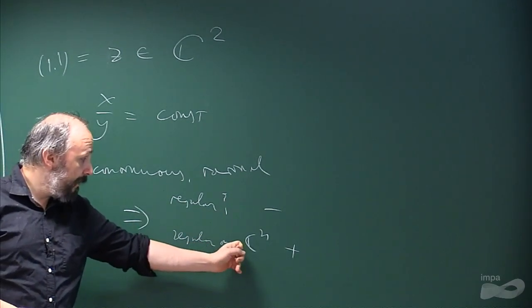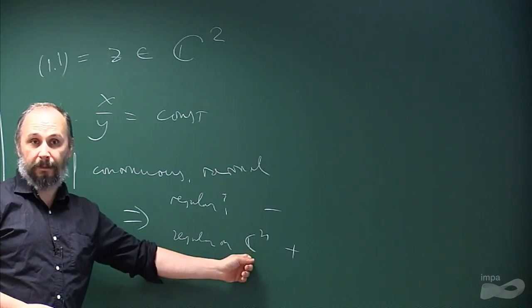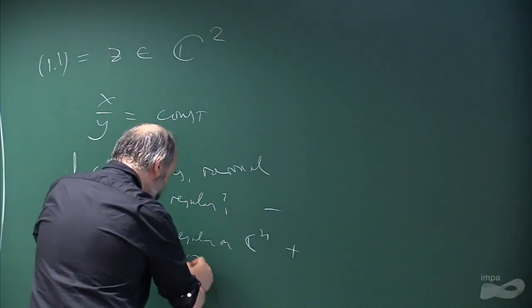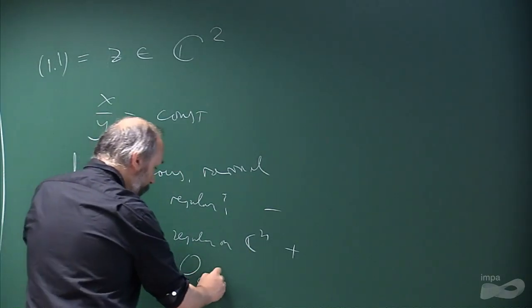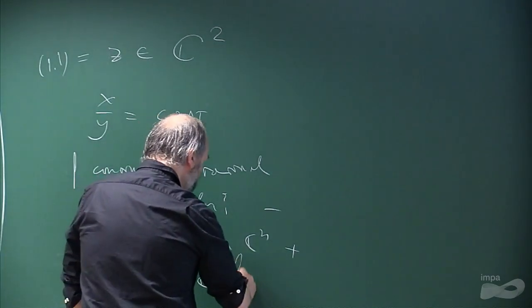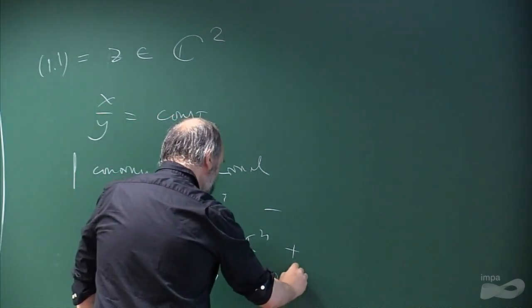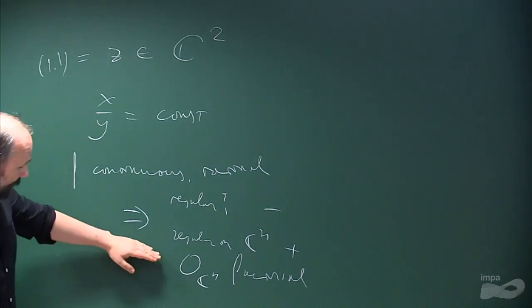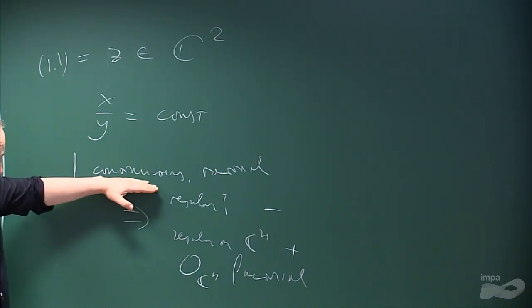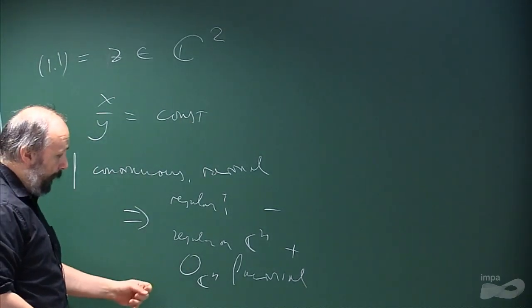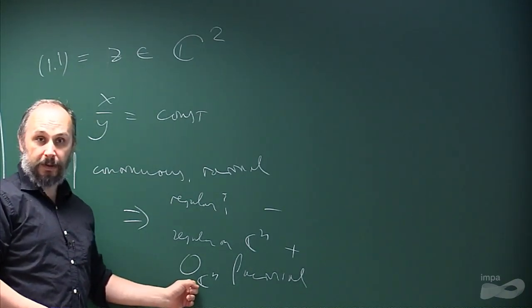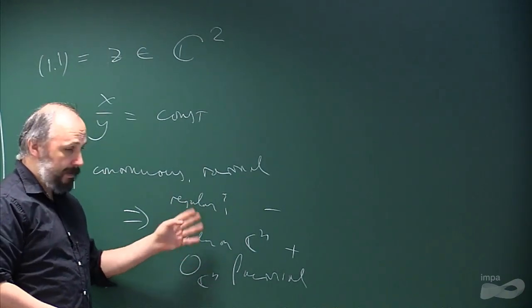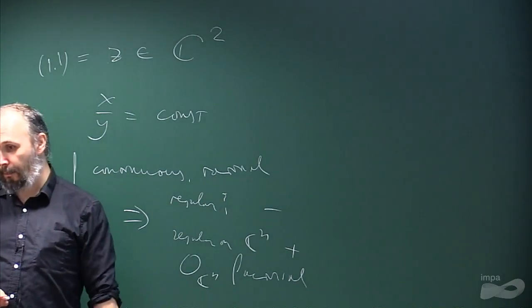The difference is that here the ring of regular functions is factorial. So this is true whenever the ring of regular functions is factorial. Otherwise, it might be true or false.